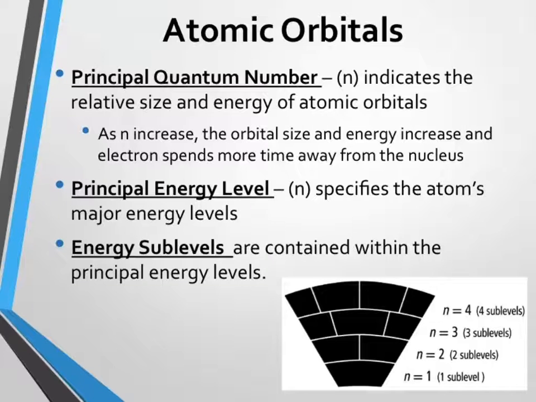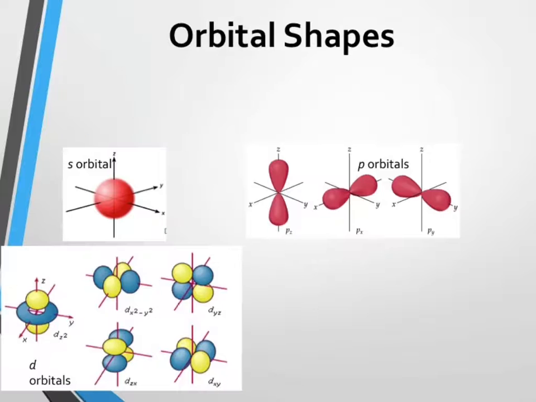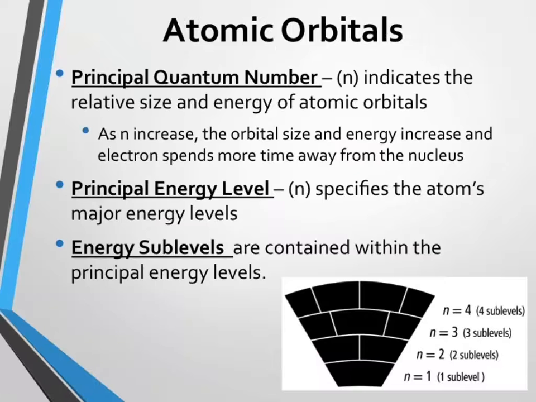Okay, so the principal quantum number is just the major energy level, so this is what I need you to know right here. The principal energy level: if we were thinking of the Bohr model, that would be each one of these.